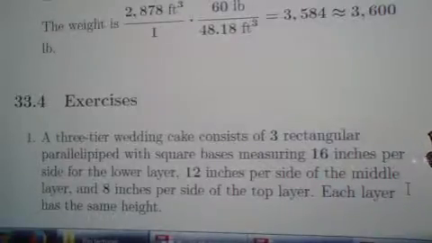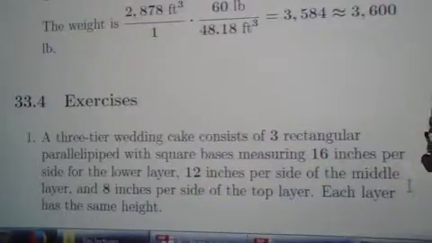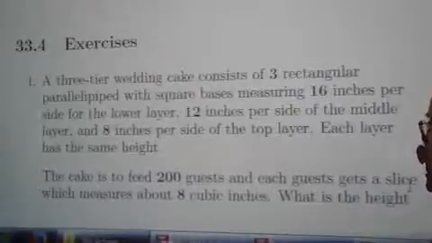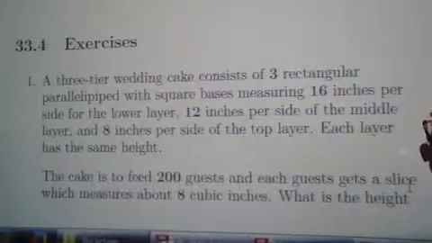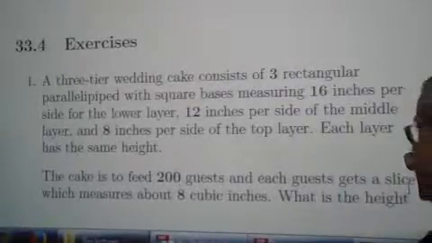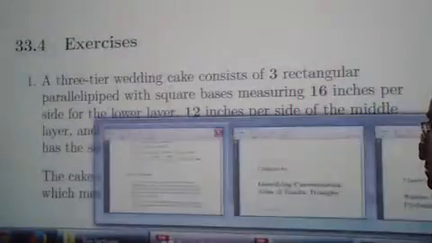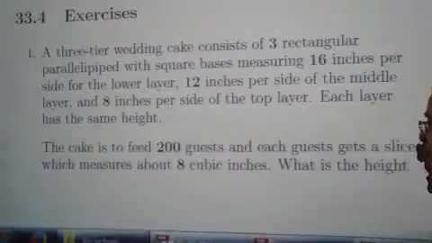And all the layers are the same height, otherwise I couldn't do that problem this simply. And the cake is to feed 200 guests. Each guest gets a slice that is about 8 cubic inches. What is the height of each layer?